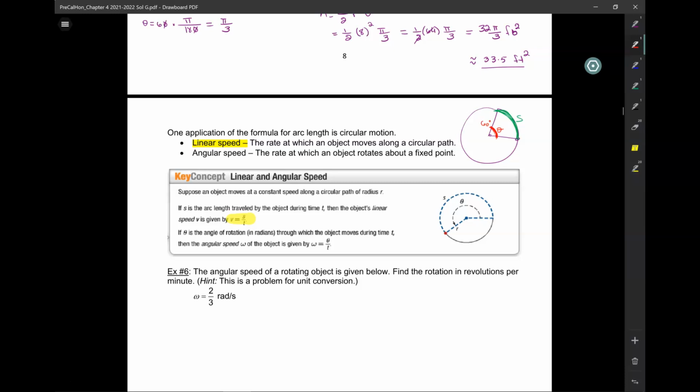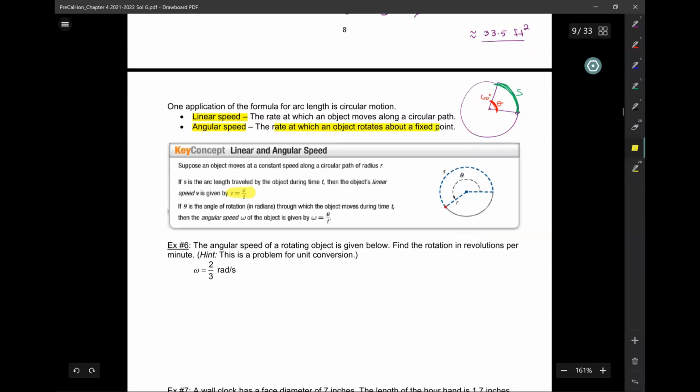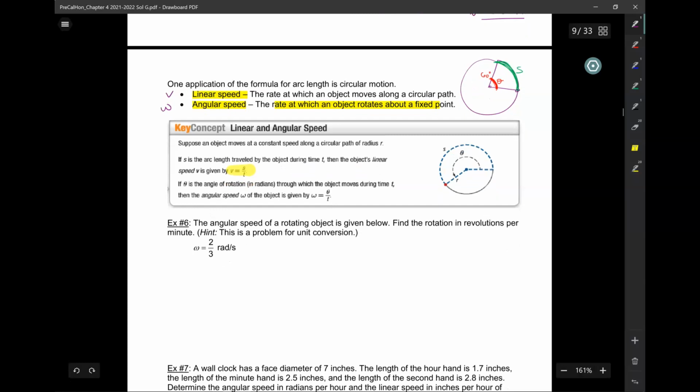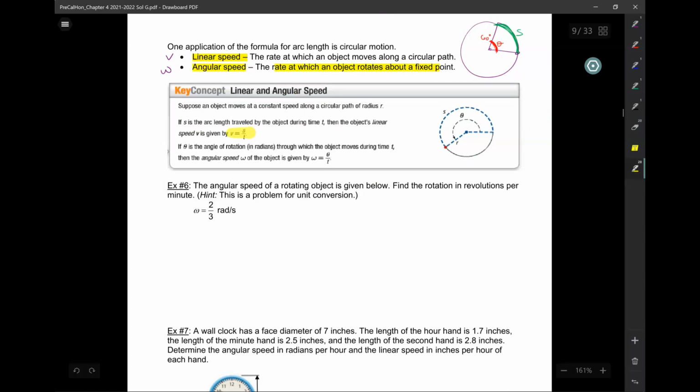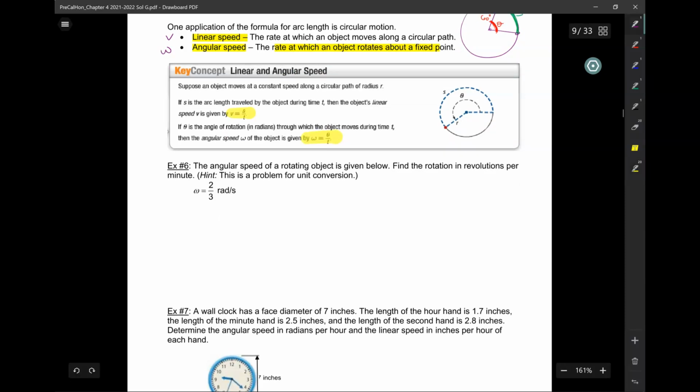That is what we call angular speed. That's the rate at which an object rotates about a fixed point. Linear speed is given by V, angular speed is given by a Greek letter that looks like a curly W. It's called omega. Omega is how much of an angle you make divided by the time in which you make that angle, and it's given by this formula, theta over T.